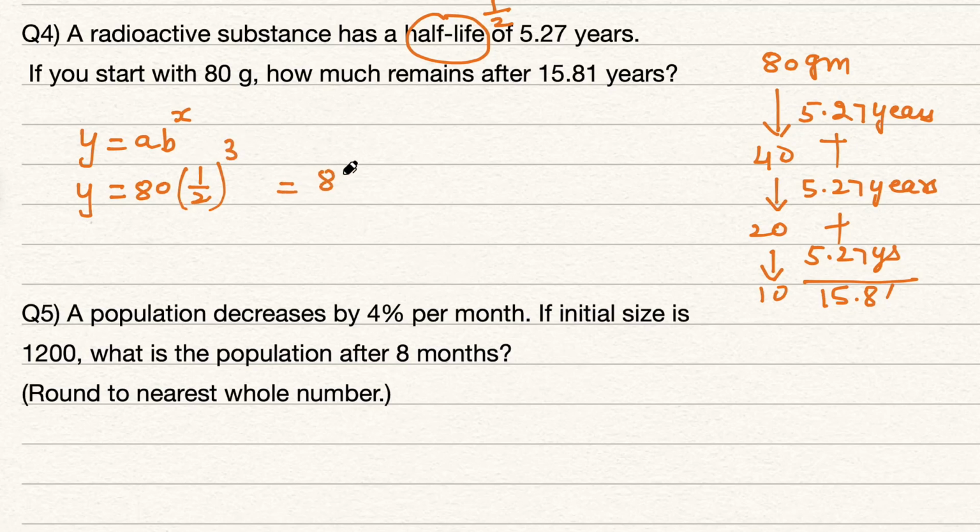So that is equal to 80 times 1 by 2 raised to power 3, which means 1 by 2 times 1 by 2 times 1 by 2. So that is 80 times 1 by 8, and that is 10 grams. So you do it by formula or you do it simply concept wise. Both ways are correct.